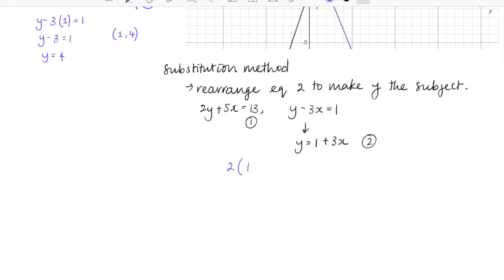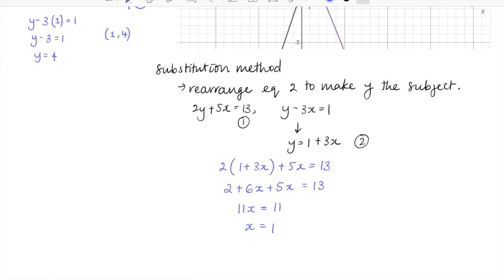So we've got 2 times 1 plus 3x. So again, you can see here that I got exactly the same set of coordinates.